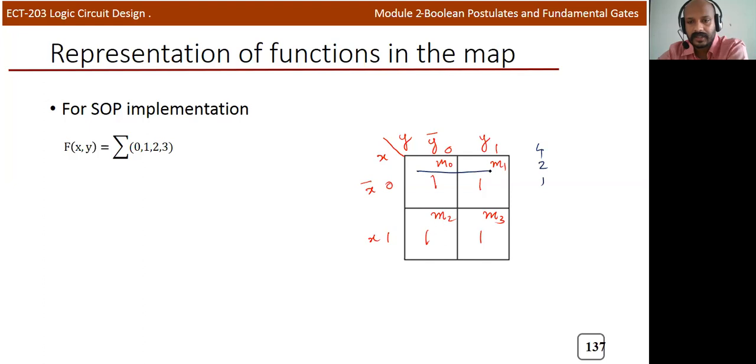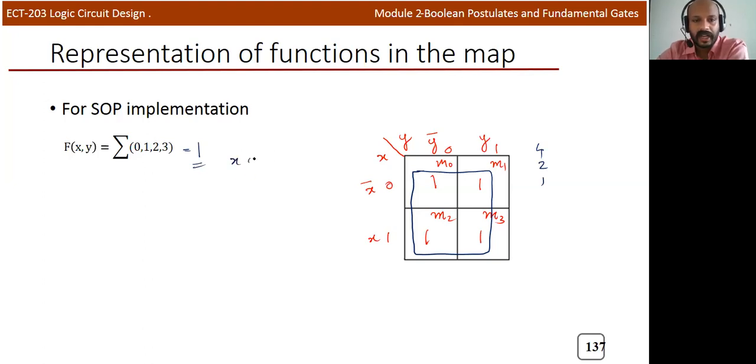If you can make a group of 4, you need to consider that. So I can consider a group of 4 here. If you consider this, all the cells are included. So I can simply put the function value is 1. Whatever the values of x and y, your output will be 1 always.